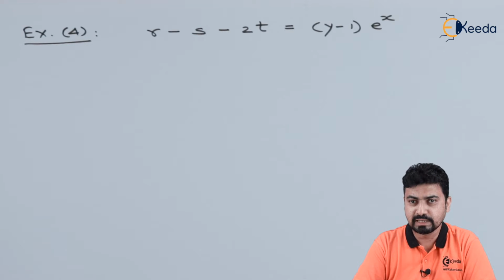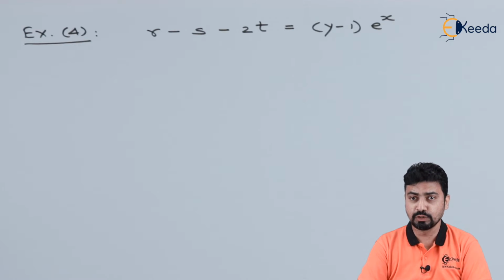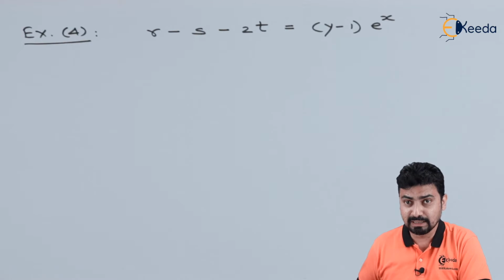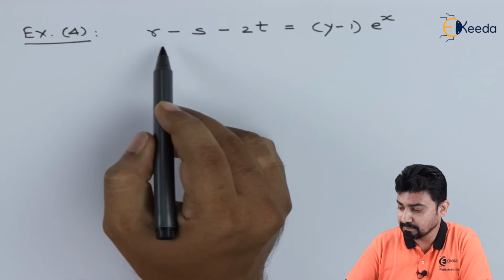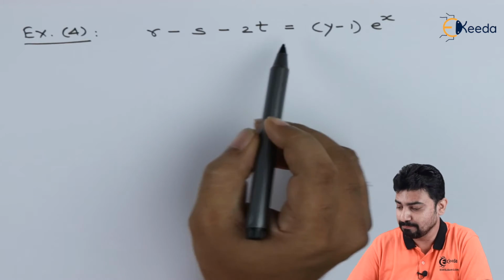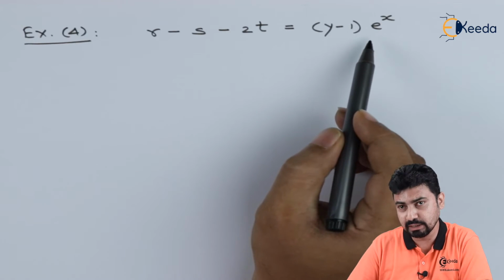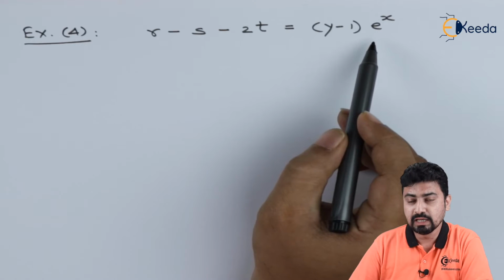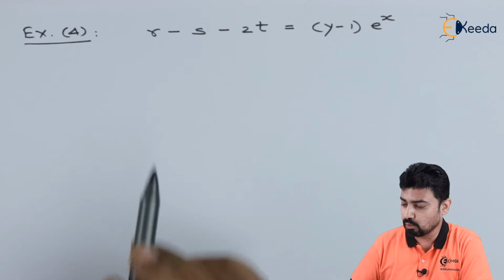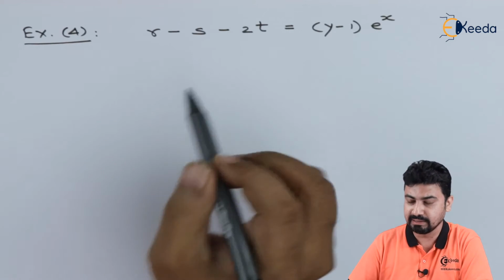Let us move to the next example of homogeneous linear partial differential equation with constant coefficient. The next example is r minus s minus 2t is equal to y minus 1 into e raised to x. Now here we need to understand what we mean by r, s and t.